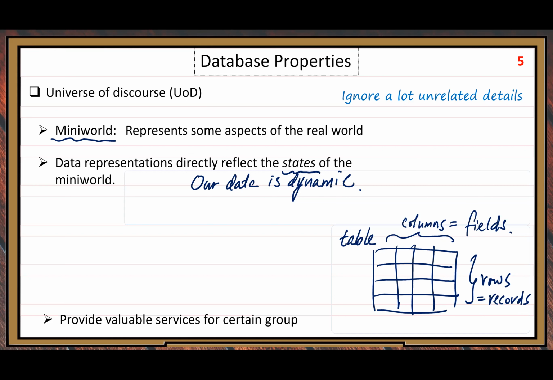Because you want to describe one business object, one row represents the state of one particular business object. So the data values give you the details of the state at the current time.